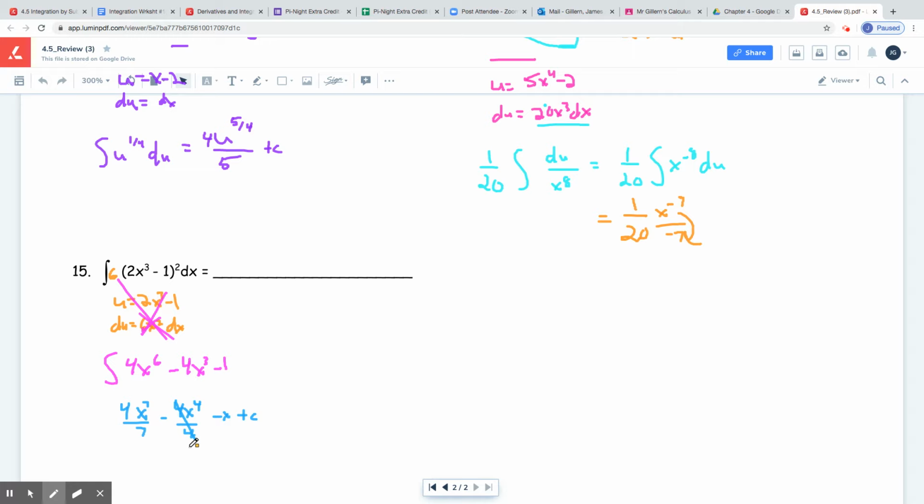Those cancel out, and there's your answer: 4x to the 7th over 7 minus x to the 4th over 4 minus x plus c.